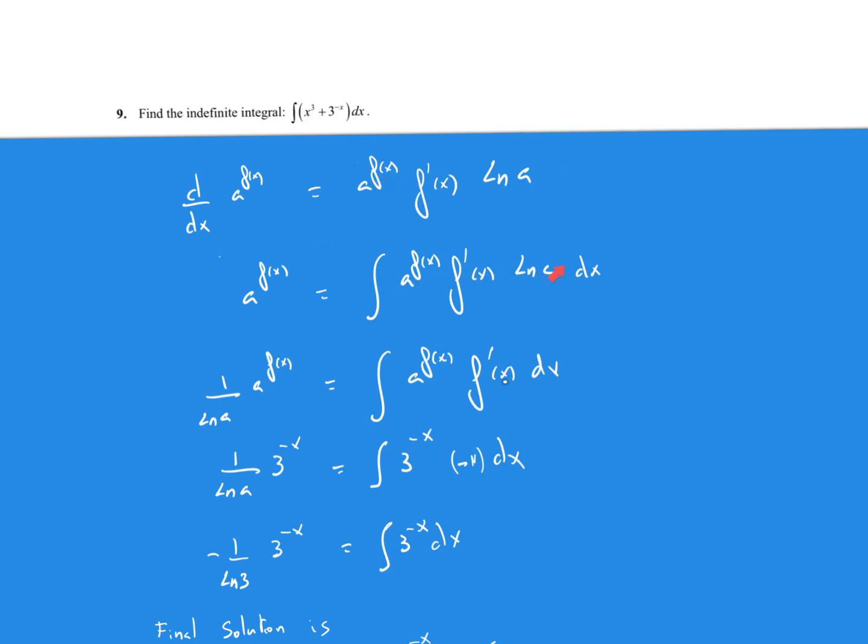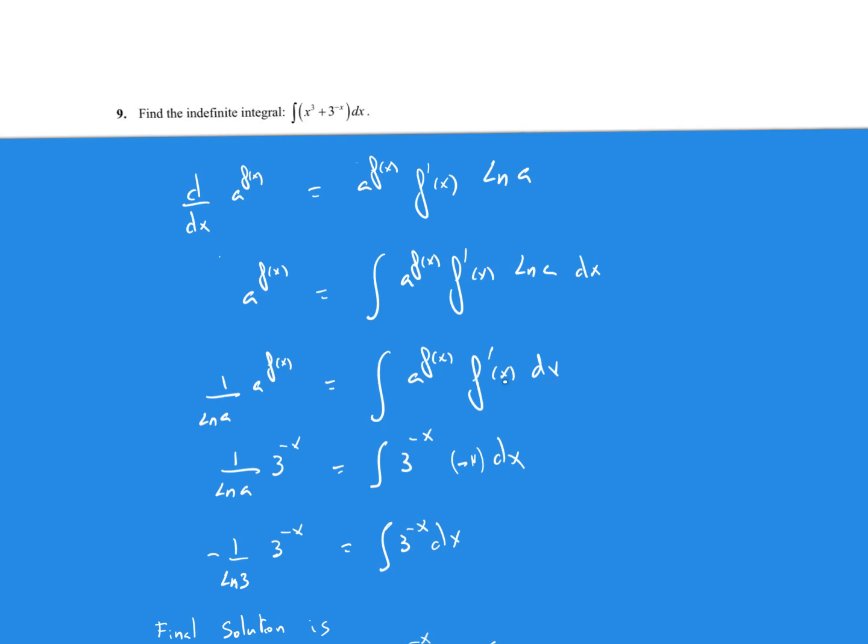So working with this expression, natural log of a is a constant. I can take it out, and from here I can put it on the other side of the equation, like 1 divided by natural log of a. So 1 divided by natural log of a multiplied by a to the f of x is the integral of a to the f of x multiplied by f prime of x dx.